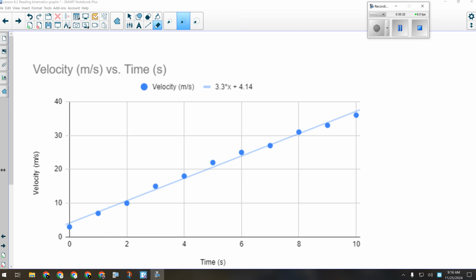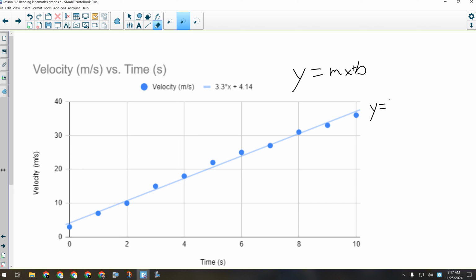I asked you to calculate a y value and I gave you an x value. So basically, yes, use y equals m times x plus b. In fact, you don't even have to manipulate it. I asked you to solve for y, I gave you an x. So all you had to do is go y equals 3.3 times 25 plus 4.14.